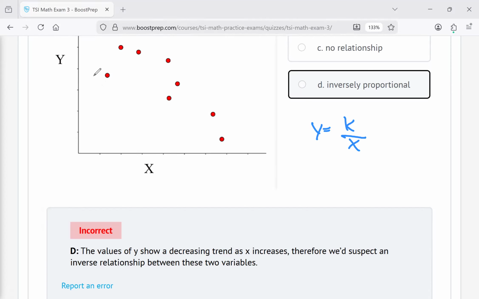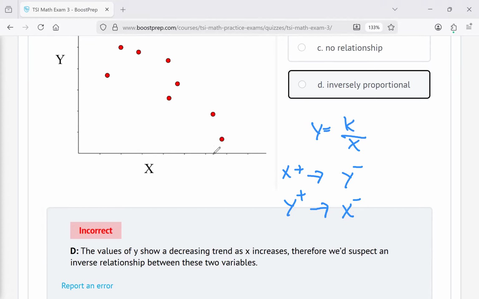So as x increases, y decreases, right? Let me write this down. As x increases, the y decreases, and as the y increases, the x decreases. So that is why it's inversely proportional.